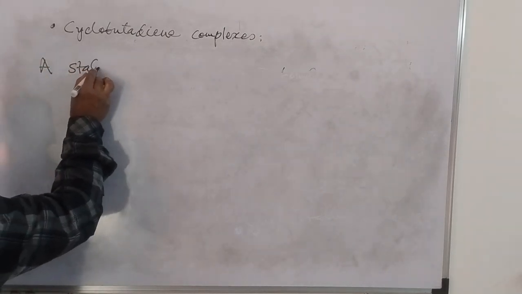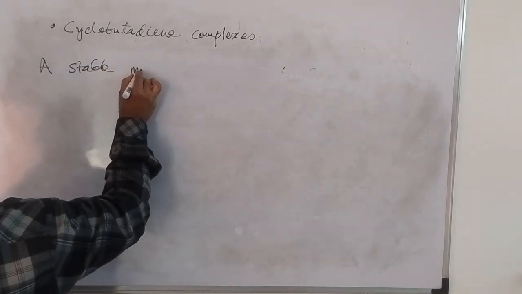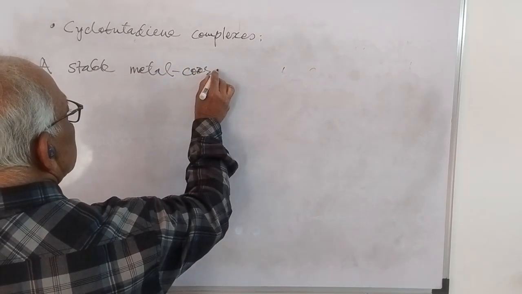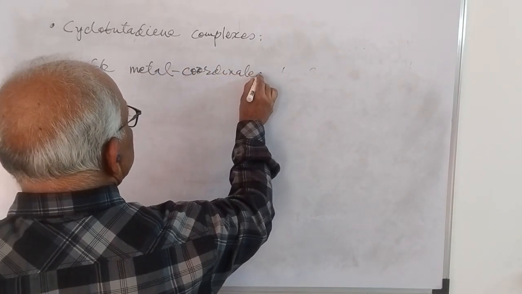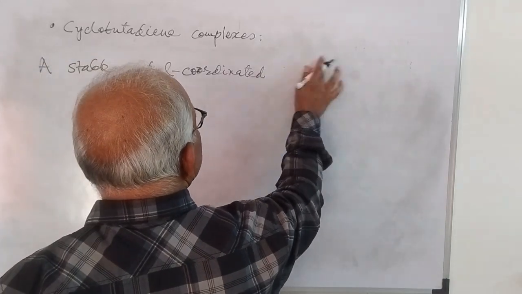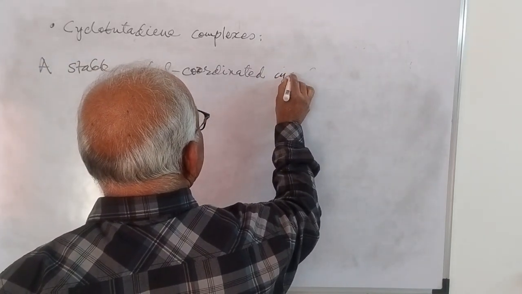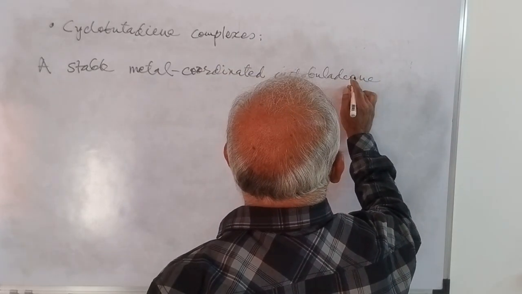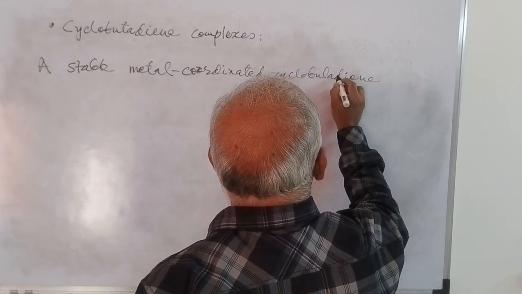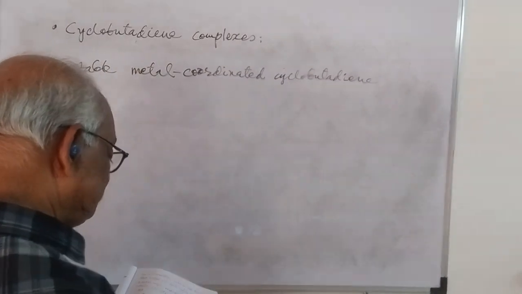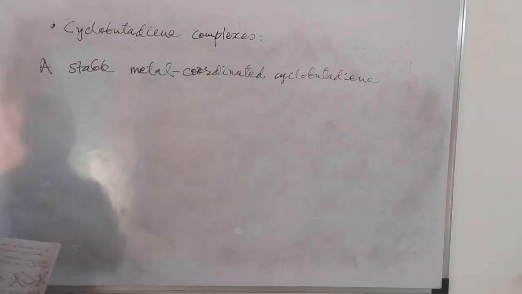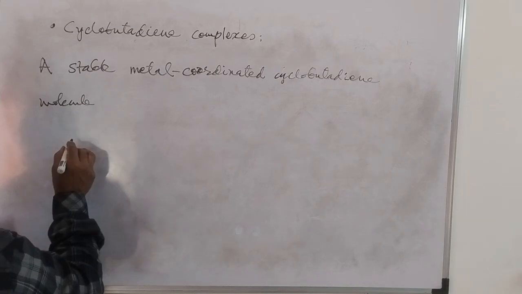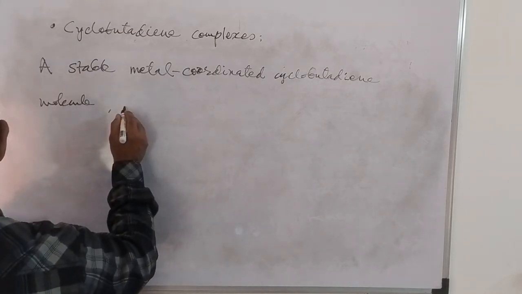A stable metal coordinated cyclobutadiene molecule is like this.